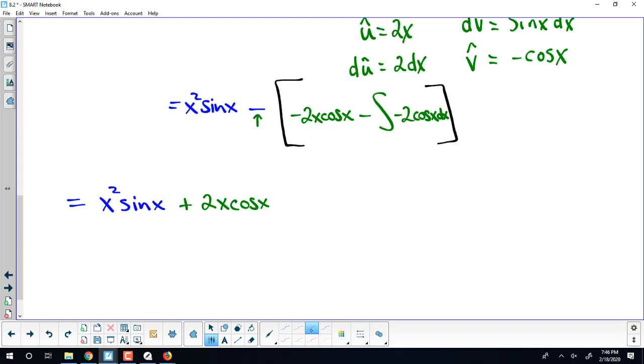We have a negative integral of 2 cosine x dx. That's now just a constant times a function of x, and we don't have two functions of x being multiplied anymore. So no more integration by parts is necessary here. This is what we're dealing with. Anyone have questions?